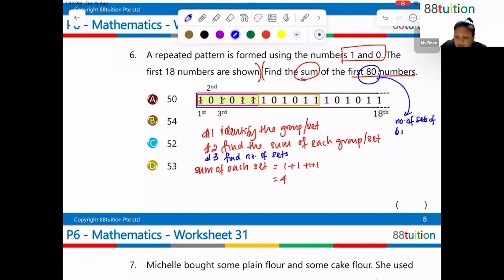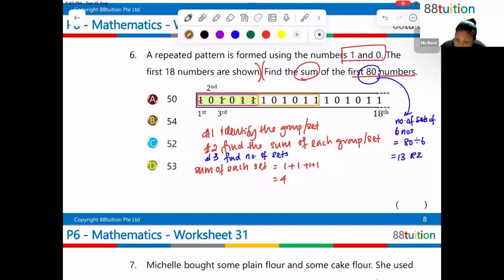Of 6 numbers. 80 divided by 6 gives me 13, remainder 2.